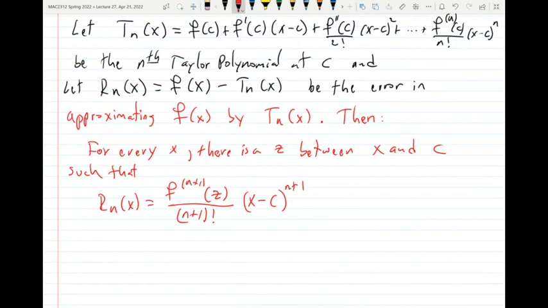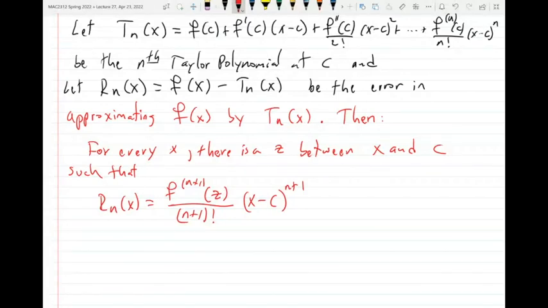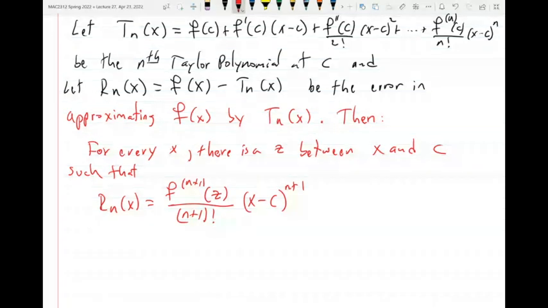Now, let me explain what I'm saying here. There is a way to figure out the error in this approximation by using this formula, but you need to understand that this z depends on this x. If you change x, then z may change. All we know is that this z is a number that is between x and c.